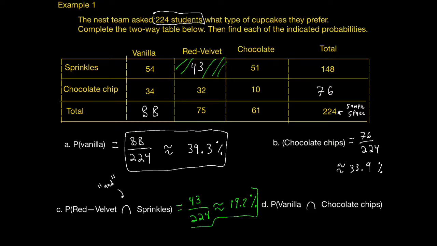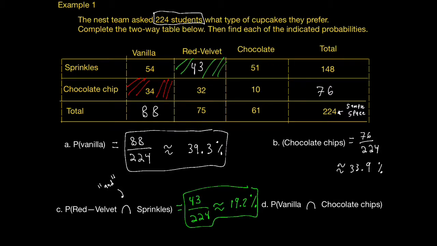Let's do the final one here. It's another AND problem. Here I want the probability of vanilla and chocolate chip. So let's take a look at vanilla. And now I'm going to stop whenever I see chocolate chip on my left. So this is sprinkles, and then here this one's chocolate chip. So I'm going to emphasize it in red.